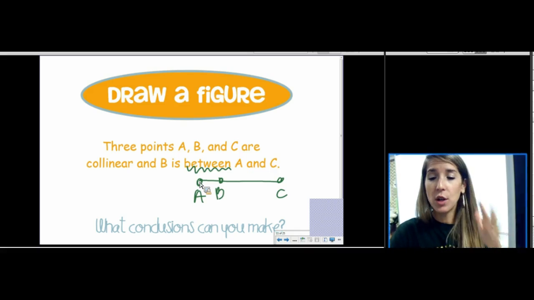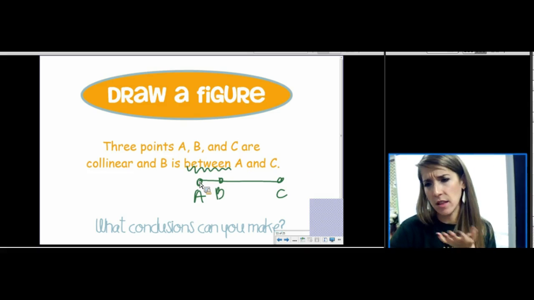Now, what conclusions could we draw about this segment? If we were trying to find the length of a segment, could we write what's called a segment addition statement?